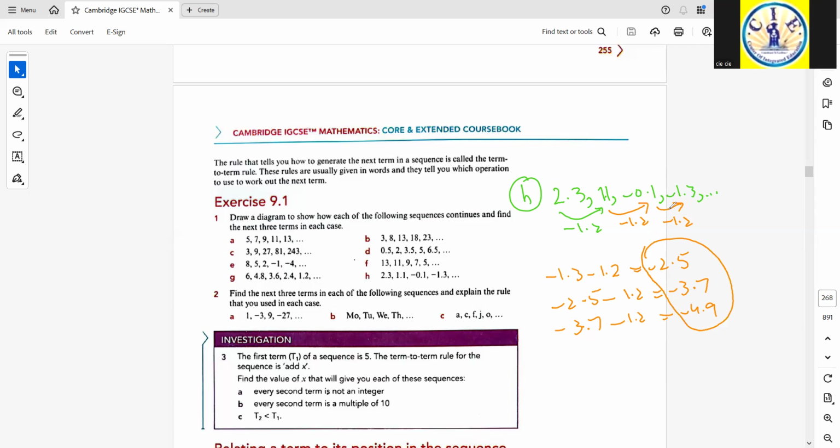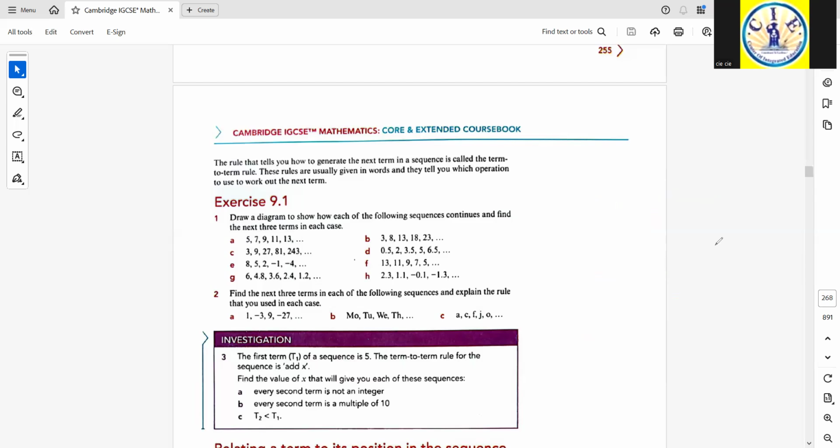Okay, so that completes our question number 1. For question number 2, find the next three terms in each of the following sequences and explain the rule that you used in each case. Part A, that is 1, negative 3, 9, negative 27.